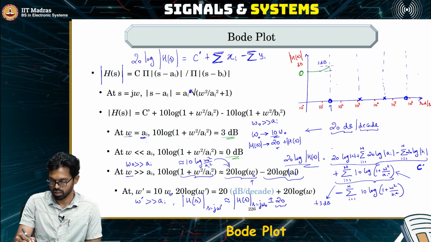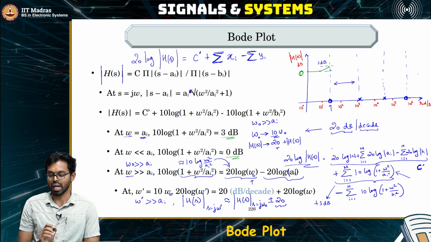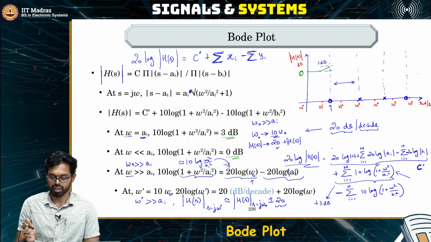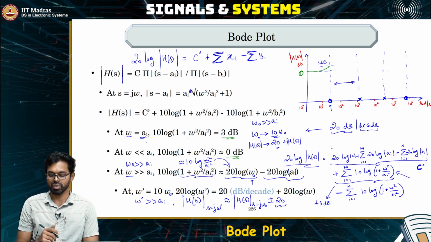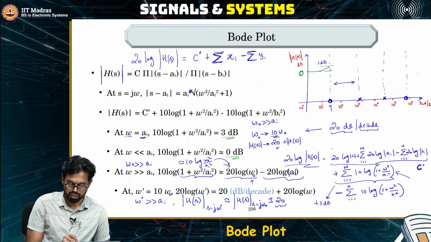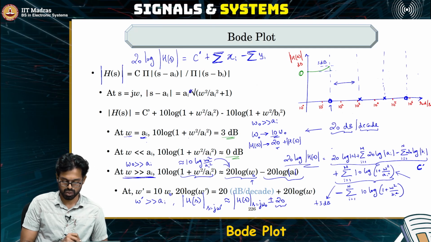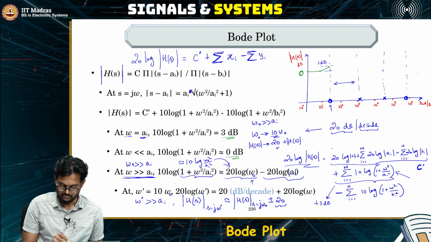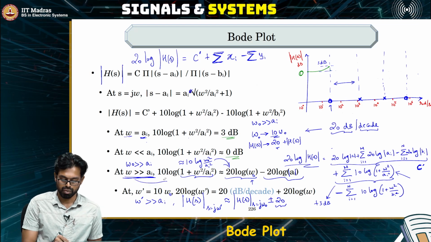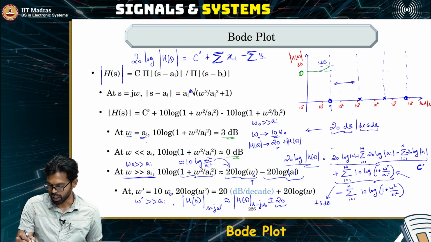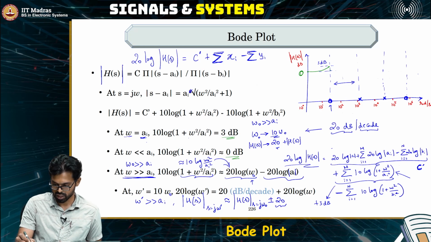Now let's consider the region which is here, which is after the first 0. So after the first 0, we are in the range of frequencies for which the frequency is greater than the first 0. So we have to apply this rule while plotting for the magnitude of the transfer function in this region.